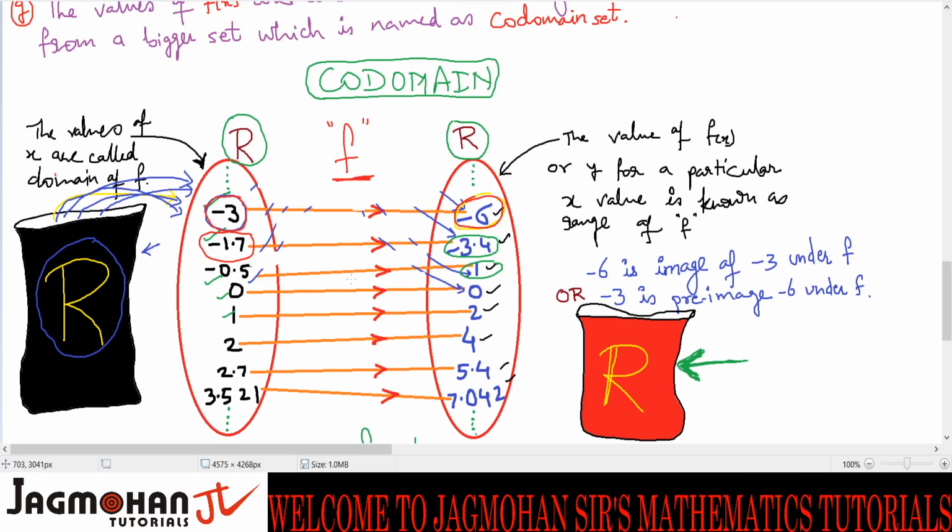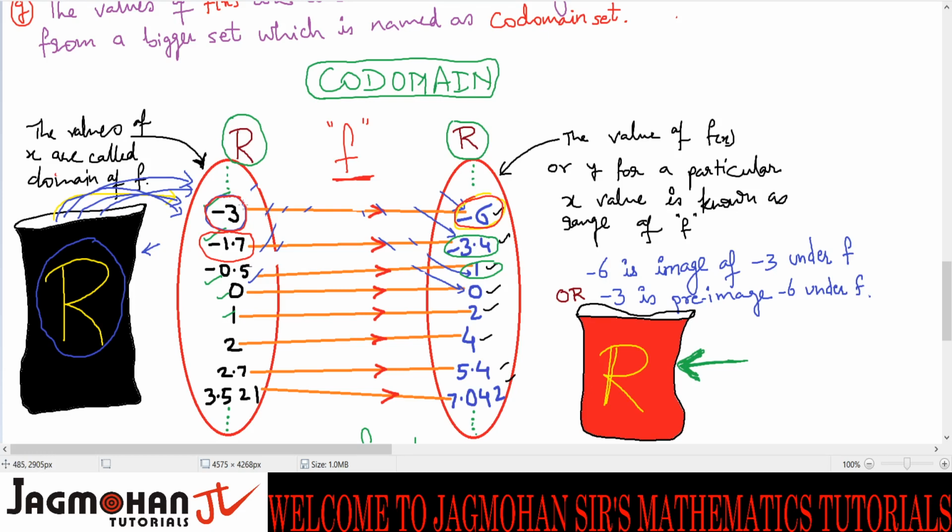Now in this diagram, students, this is a very important statement: whichever element you see in the range set, every such element has got one and only one pre-image.